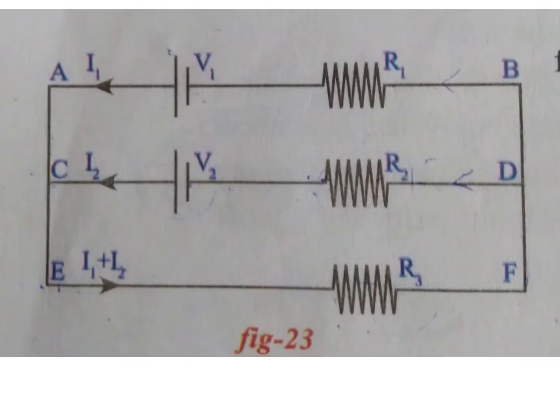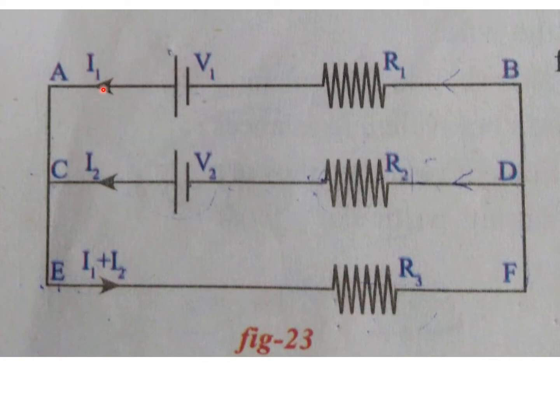For example, here is a network, and in this network you can see the loops. The first loop, if you take the complete network, starts from A, B to F, E and A. Starting with A, we move to the right side, then downwards, then to the left side, and then up.